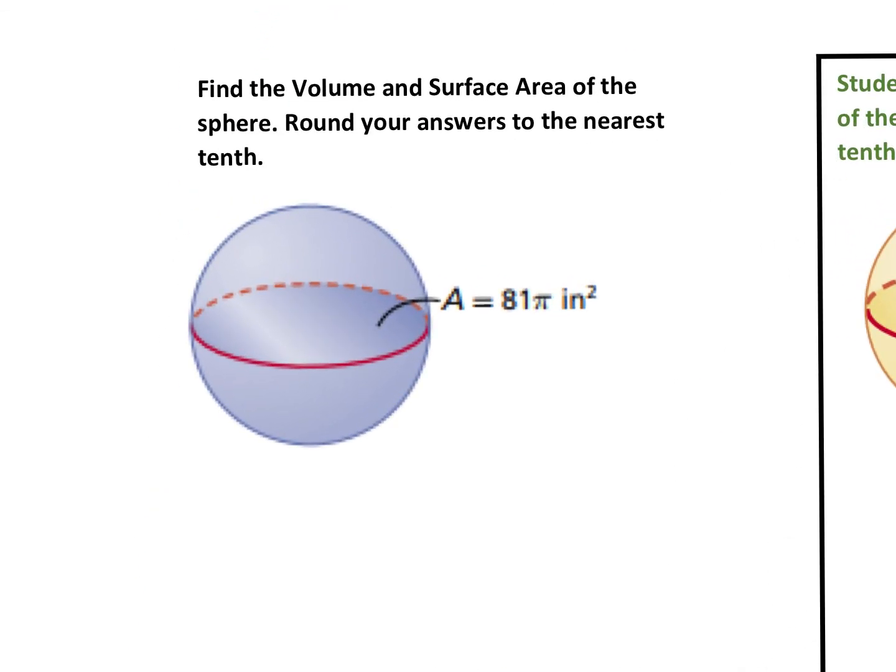Okay. So we do have a full sphere, and it looks like my great circle area is going to be 81 pi. Okay. So the first thing we should do is find our radius. Okay. So remember, r squared equals 81. We're going to take the square root of both sides, and r will be 9.